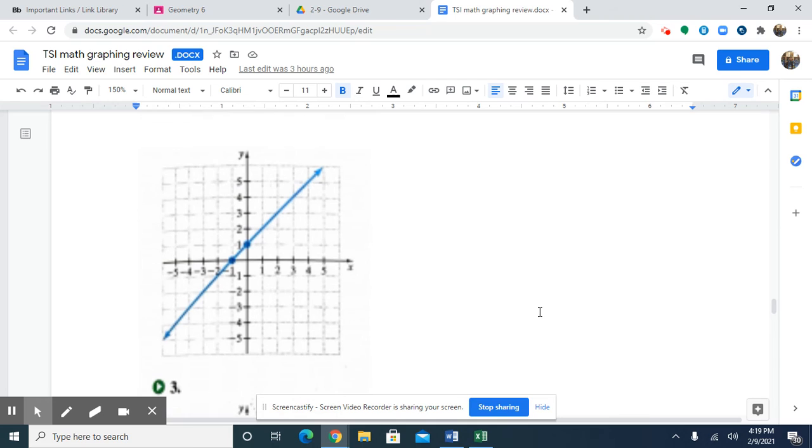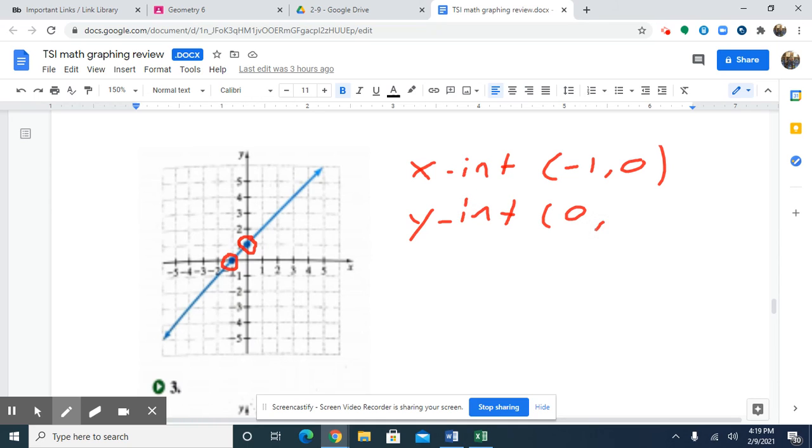Now in this next example, we're going to find the x and y intercepts from each of these graphs. Some of them might have multiple ones. So with our line, we have our x-intercept, which would be at -1. So our x-intercept is at -1 and 0. And our y-intercept is at 0 and +1.